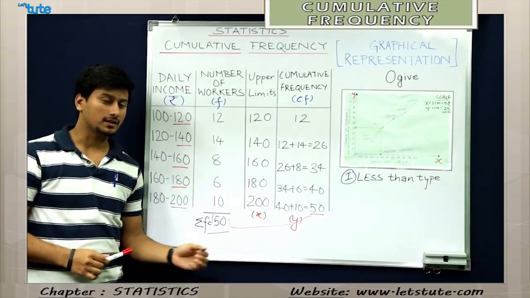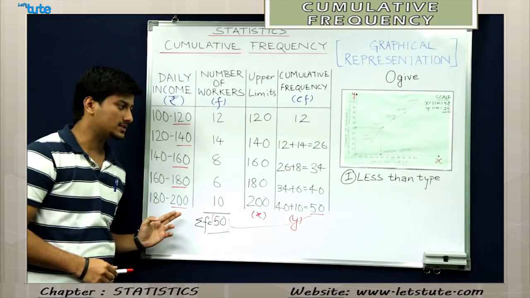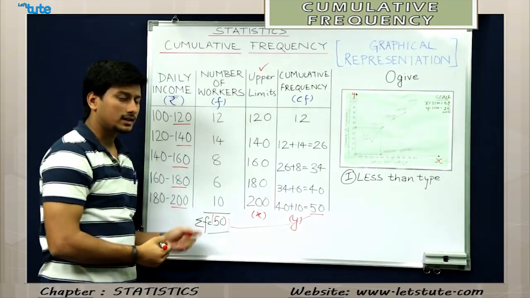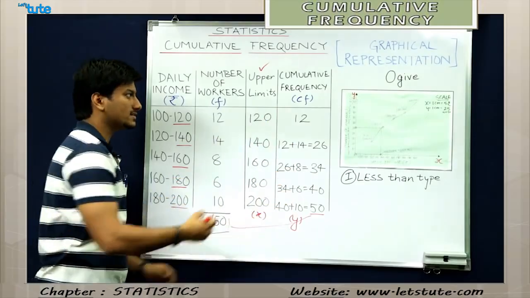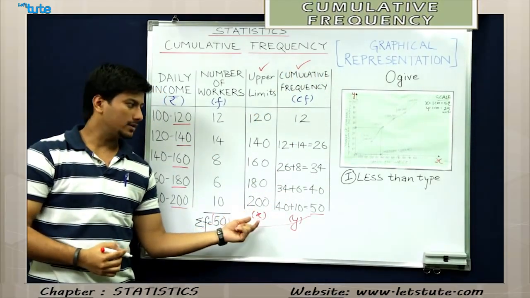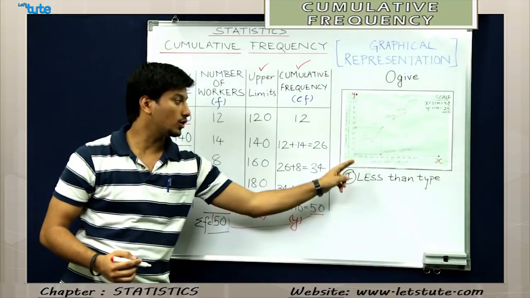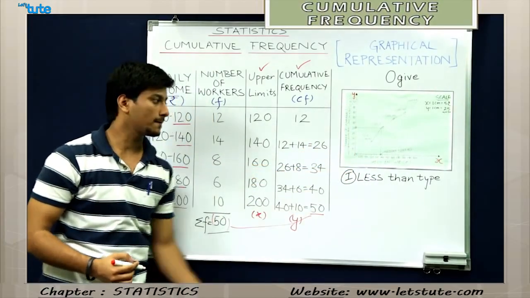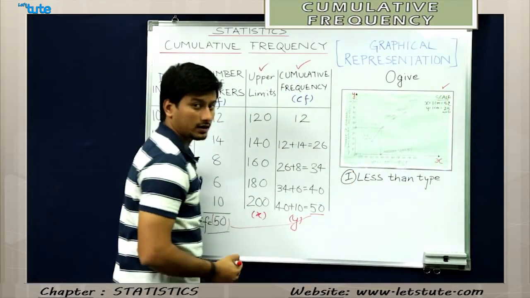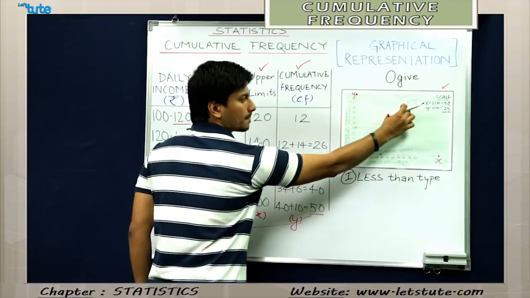Now let's quickly summarize the less than type method. First, identify the upper limits from your data. Second, calculate the cumulative frequencies. Now, mark the upper limits on the x-axis and cumulative frequency on the y-axis of your graph. Then set the scales for your graph and plot these points onto the graph.